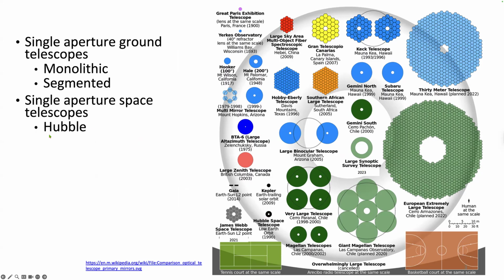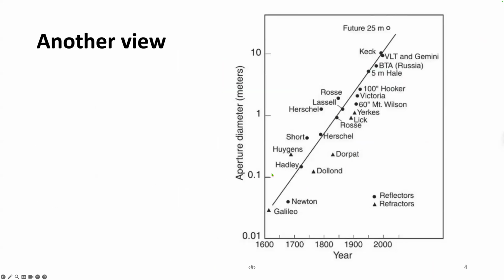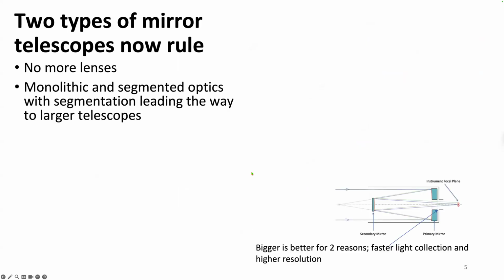You can have single aperture, a single block of material forming the mirror, or you can do segments, which is the James Webb Telescope depicted here. Computers is what lets you do this segmentation, because you have to manage all these pieces. And something like the 30-meter telescope has a huge number of pieces. So you get the idea. This is more history. We don't have to look at that.